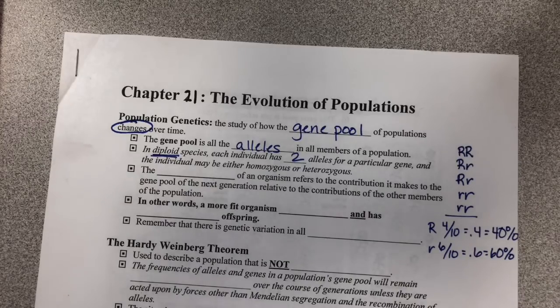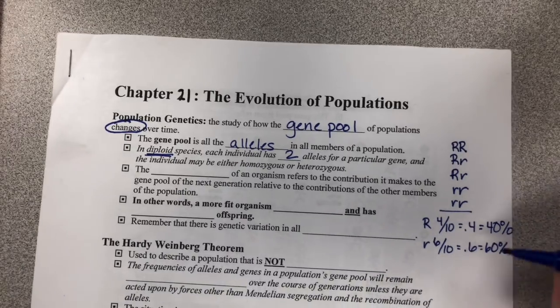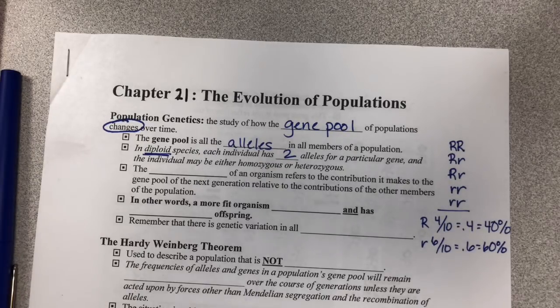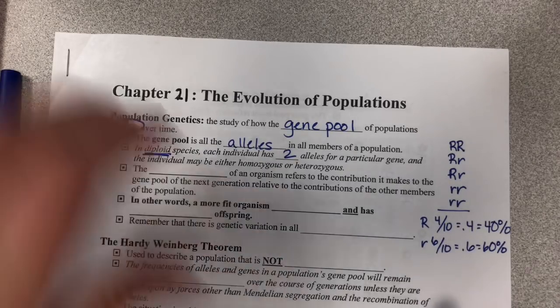It's going to go up. That's Darwin's theory of natural selection. If you have traits that are better suited for survival in the environment, those individuals will have kids and pass that gene on to their kids, and therefore that will go up. I'm going to use a different color for the population.